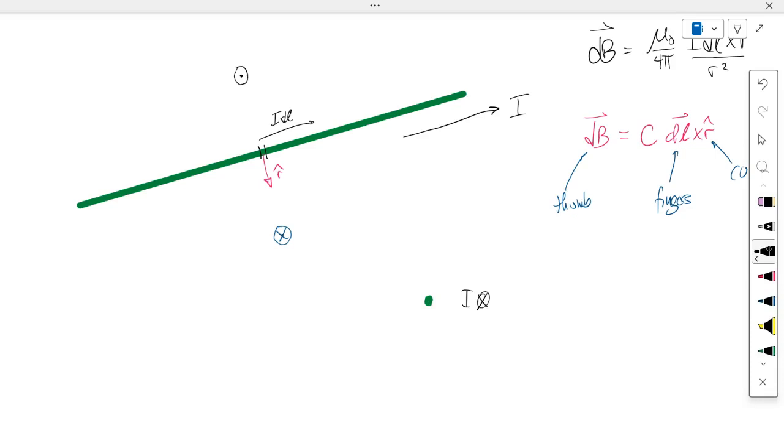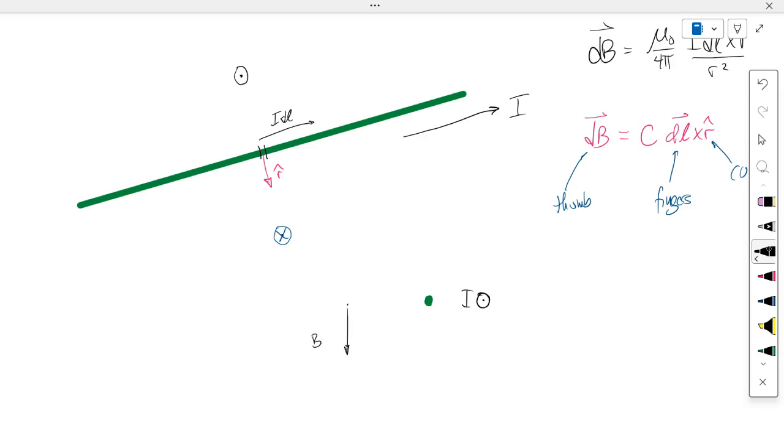If we curl them toward that location, the field would point upward. I'm going to make the field point out of the page. So fingers out of the page, I curl them toward this location, and my thumb points down.